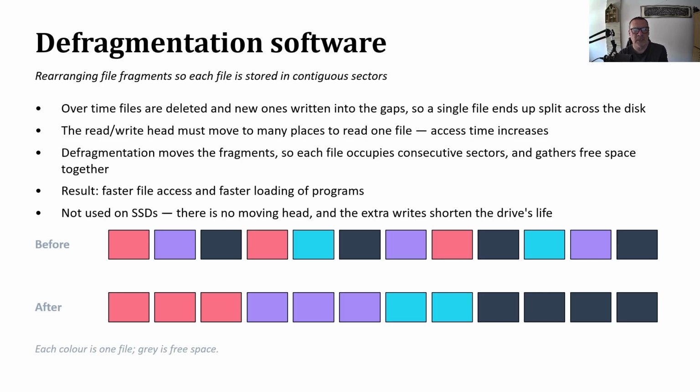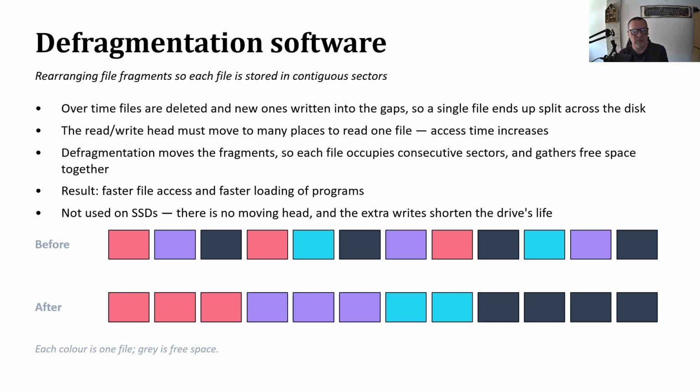So defragmentation moves the fragments of files so that they're all together again, and that means that it can free up some space into big blocks that can then be used to write files. So it makes an existing file store in one place, so that reading it is going to be more efficient.